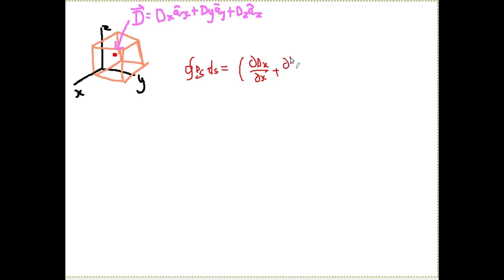Then ∂Dy/∂y, the partial rate of change with respect to y, and ∂Dz/∂z, and I am having a volume of delta v.